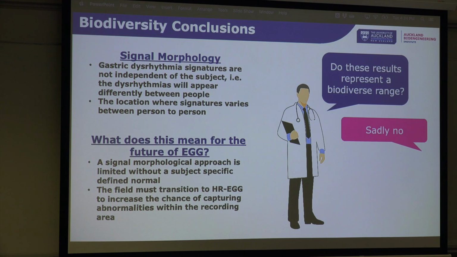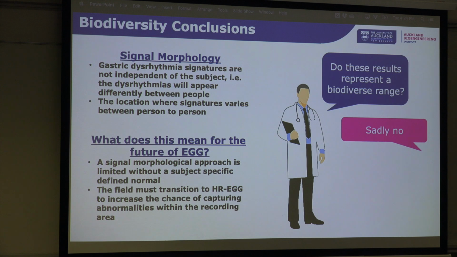The key point that we took away from this biodiversity investigation was that we really need to change the way that we're actually doing EGG. With the current EGG, we're using 2 to 5 electrodes, as we showed in the very start. If you're only recording from 2 to 5 electrodes in a standardized position, the chances of you capturing dysrhythmic behavior is extremely low.